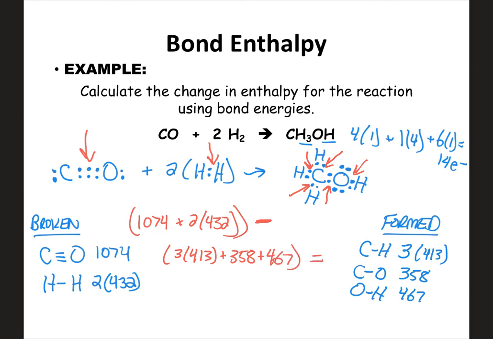All the broken added up minus all the formed added up. When you do your subtracting here, it should come out to be negative 126 kilojoules. Remember you need your kilojoules here. This is negative, so this would indicate that this reaction is exothermic.